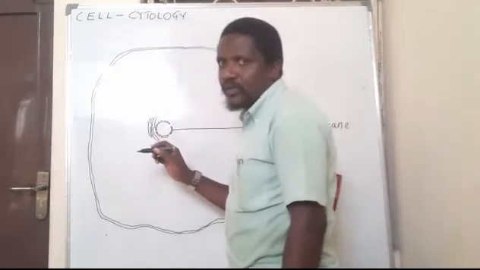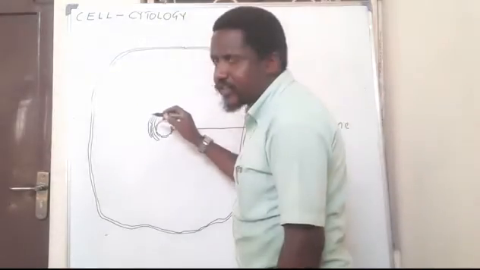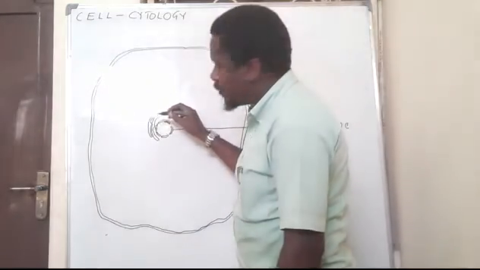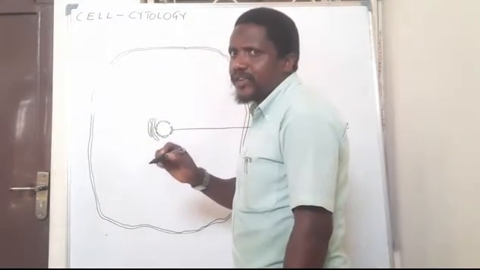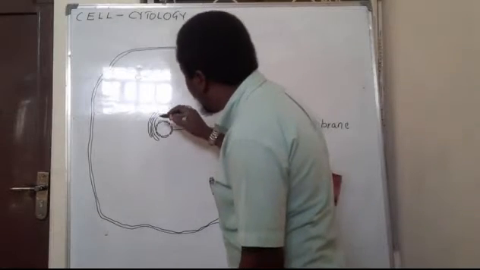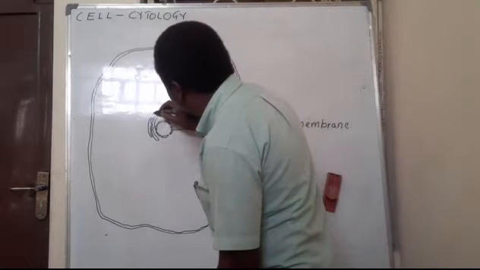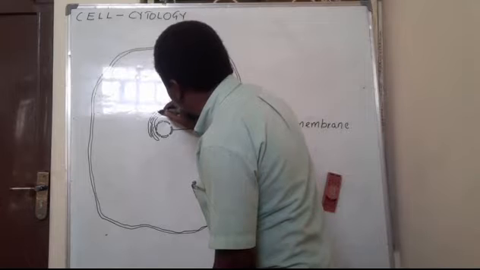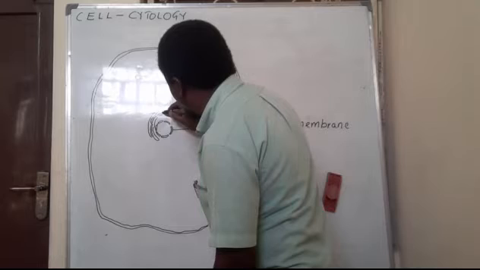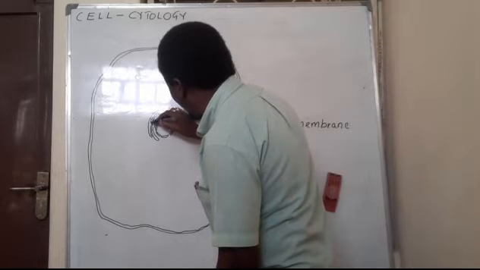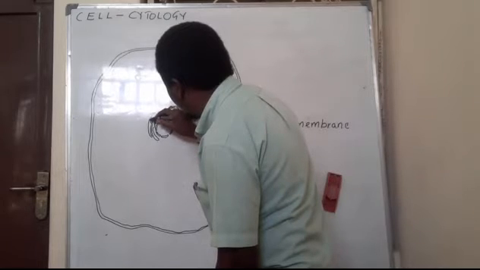And sometimes you will see some granules attached to the endoplasmic reticulum, giving it a characteristic rough appearance. We call these granules ribosomes.